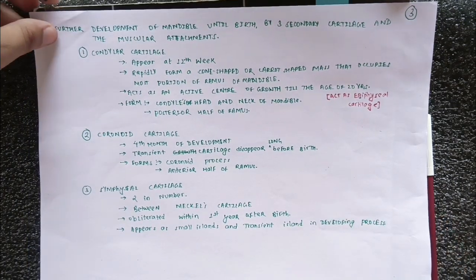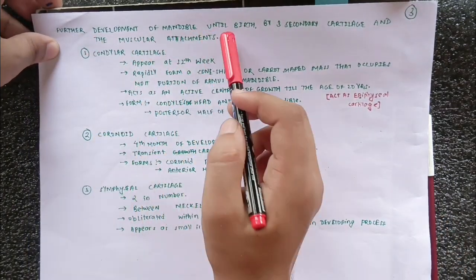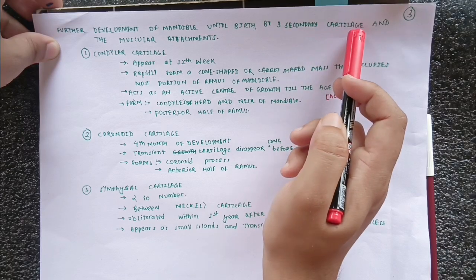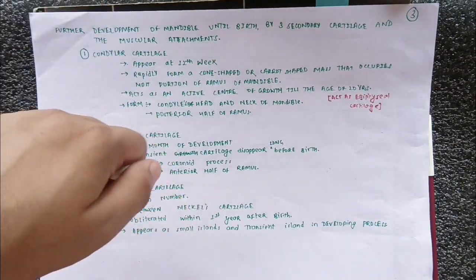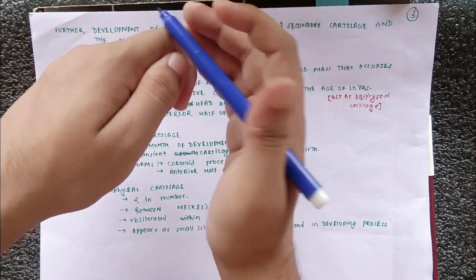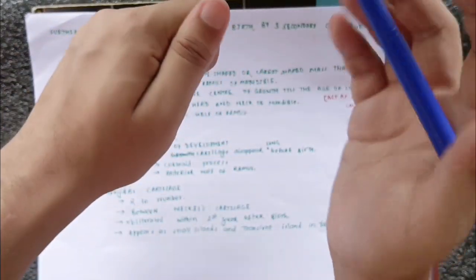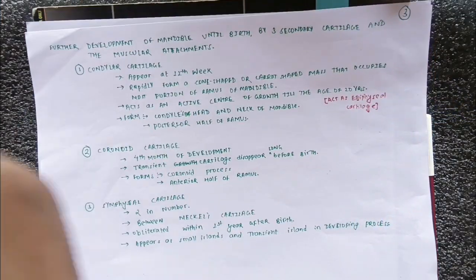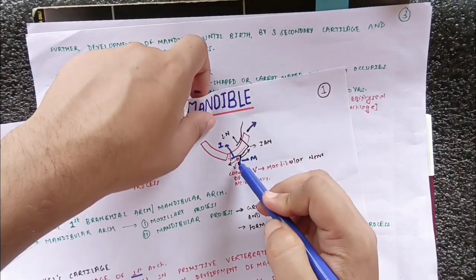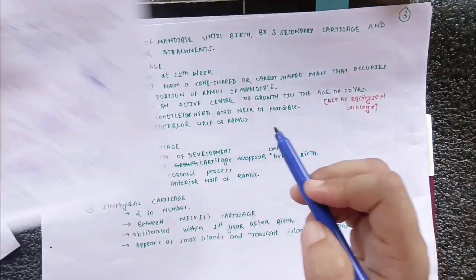Now there is further development of the mandible until birth by the 3 secondary cartilages and the muscular attachments. Intramembranous ossification takes place till the 10th week, and there is a formation of the primary ossification center, which I have shown here. This red dot is the primary ossification center.